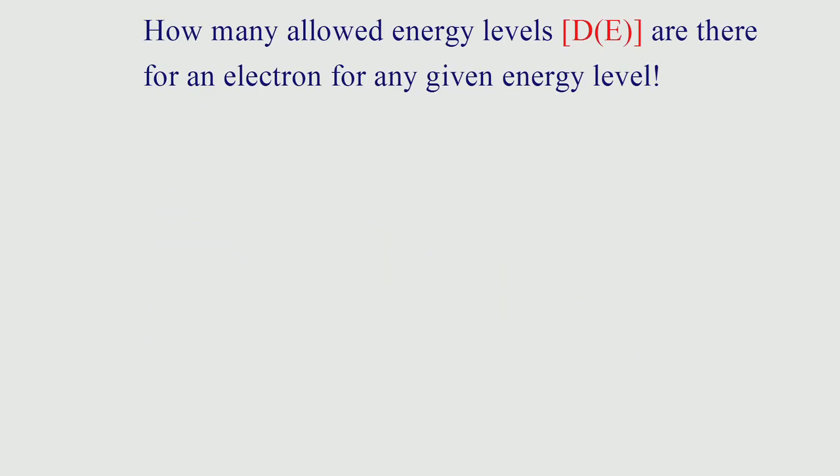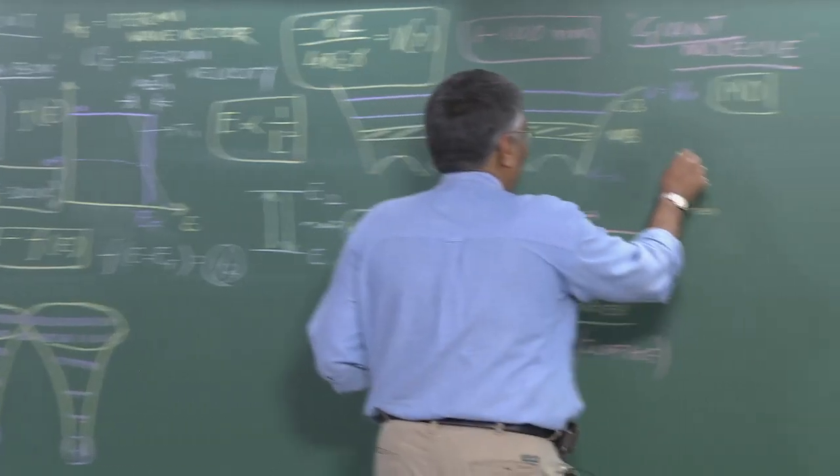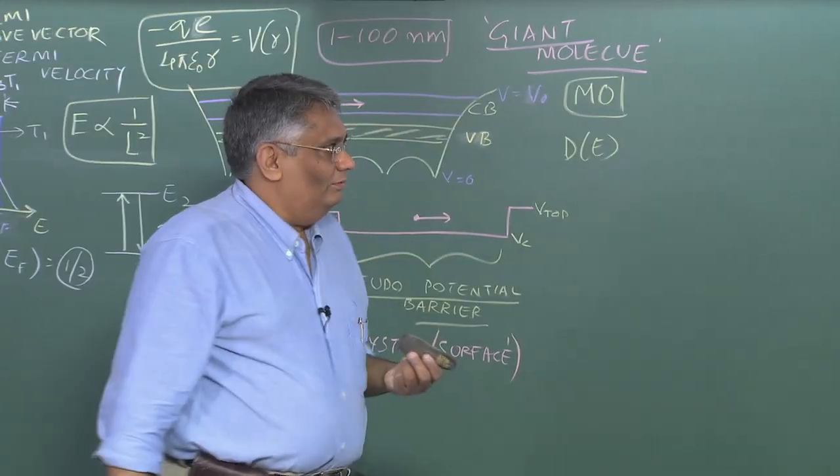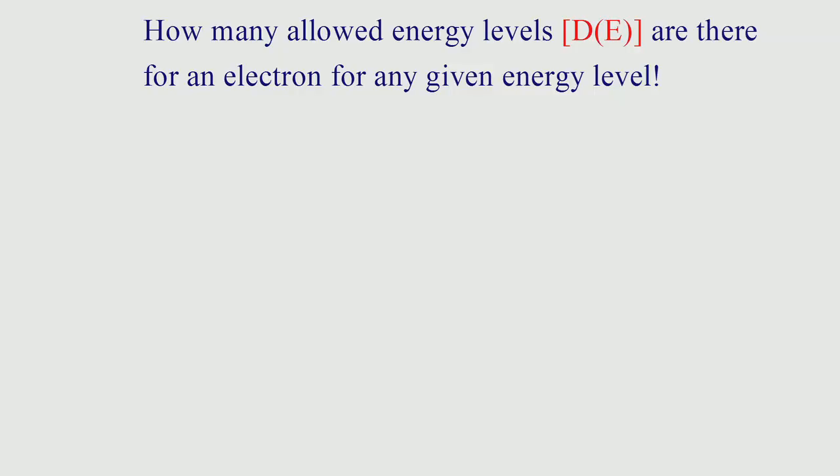Now, the generic term g(E) represents the electronic density of states.